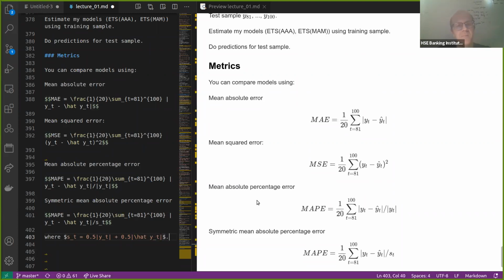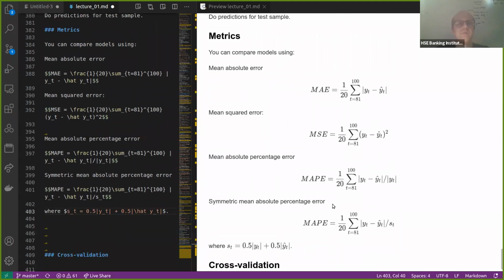So basically, these are four popular measures for comparing two models.